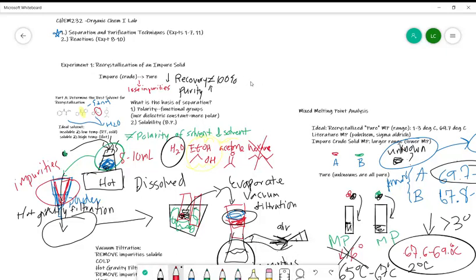So your crude amount, let me erase this. Okay, so you want your recrystallized amount, because you know it's going to be less than the initial amount, over initial times 100% gives you your yield.